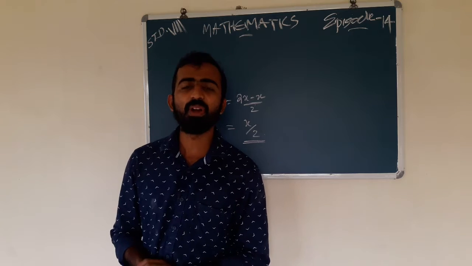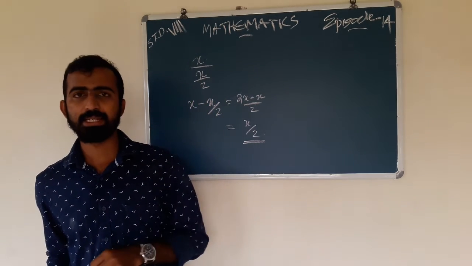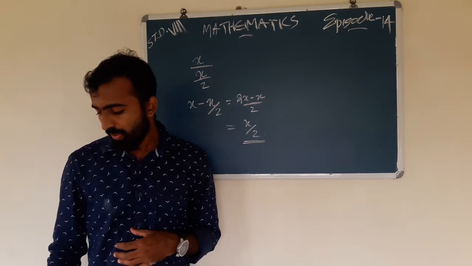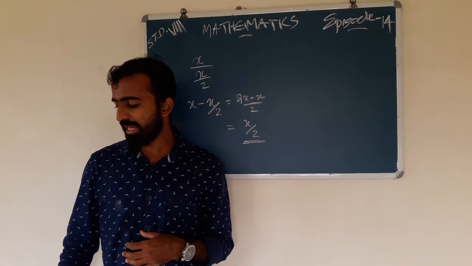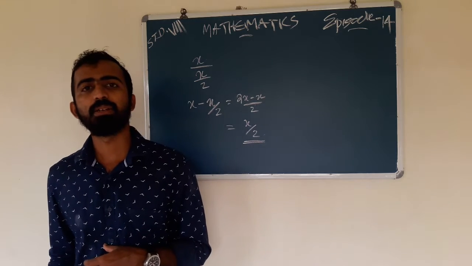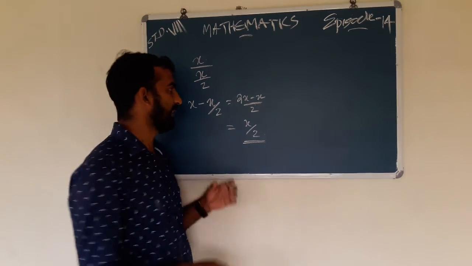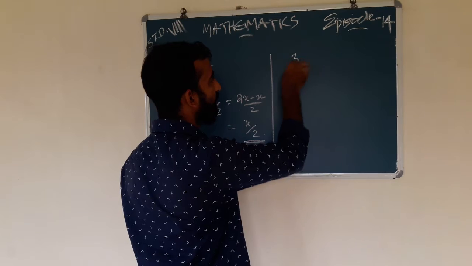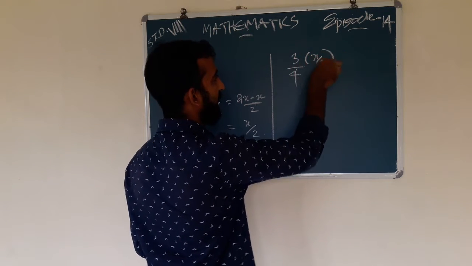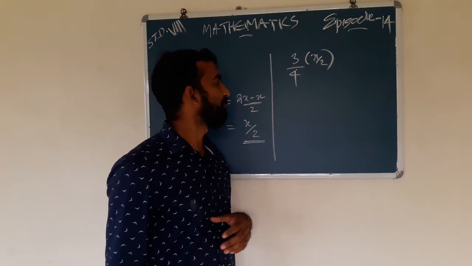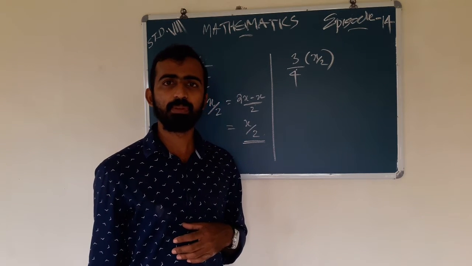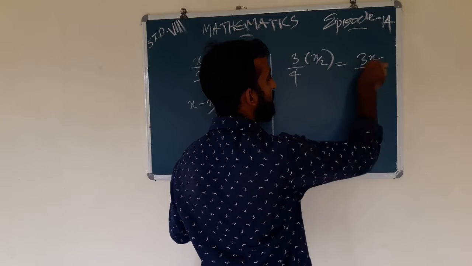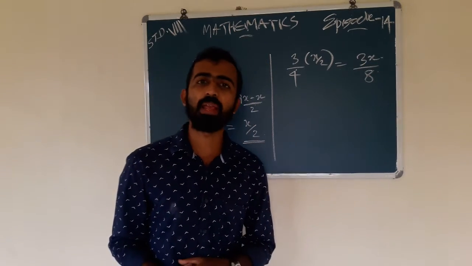We take x as the deer, so the remaining deer means x by 2, and 3/4 of the remaining are playing. So playing is 3/4 of the remaining, that is 3 by 4 into x by 2. Yes, that is 3x by 8 deer are playing.